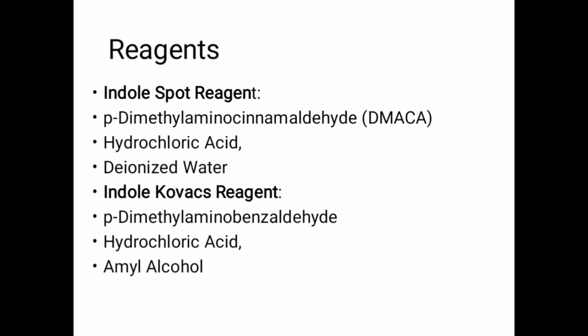The reagents used in this method are p-dimethylaminobenzaldehyde, hydrochloric acid, and amyl alcohol. The hydrochloric acid is common between these two methods. On the basis of the different reagents used in these two methods, we also have production of different colored compounds. By these different colored compounds we identify the indole.